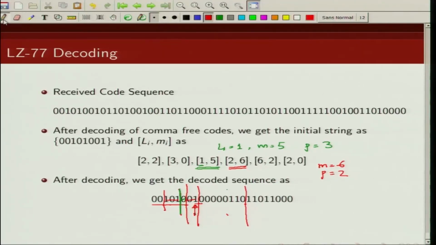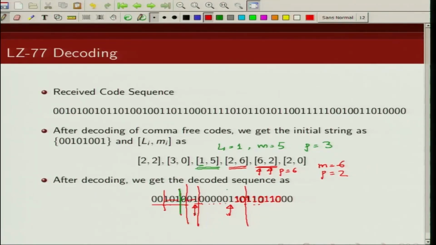Now look at this one. L is 6, M is 2. So M is 2 meaning this corresponds to P is 6. So look at the 6th entry, 1 2 3 4 5 6. We have to look at a match of length 6. The first match is 1, second match is 1, third match is this, the fourth match is 1, the fifth match is this, and the sixth match is 0.